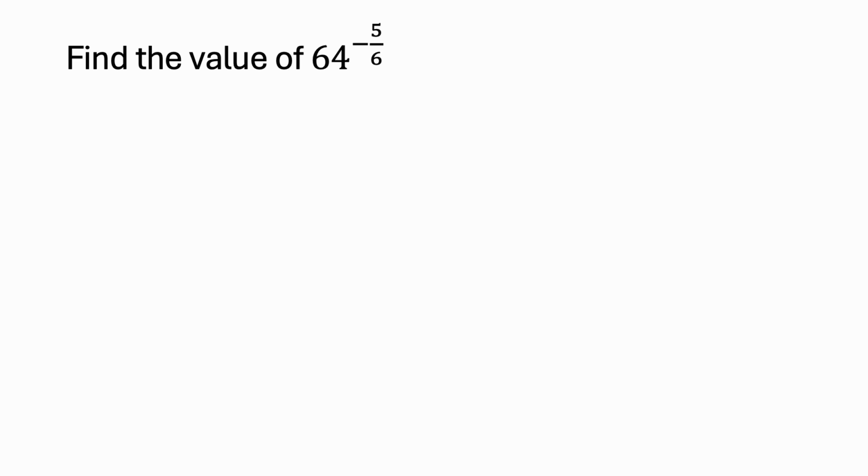Okay, now let's look at this one here. It says find the value of 64 to the power of minus 5 over 6. What I like to do when we have something like this, well, first let's write it out: 64 to the power of minus 5 over 6.